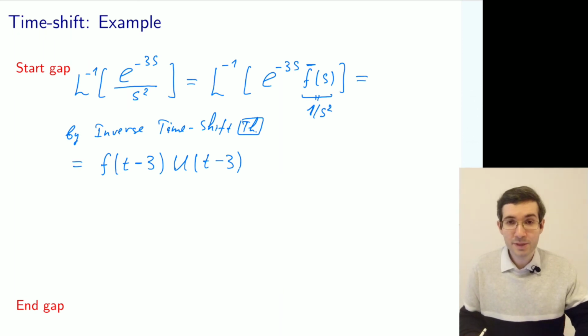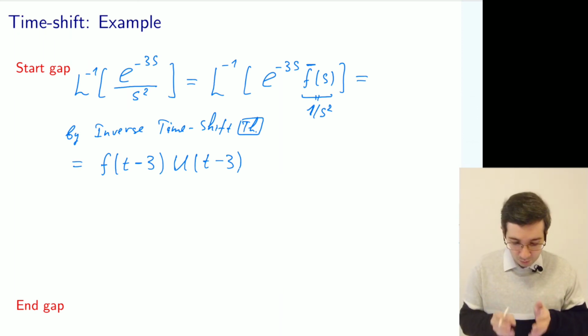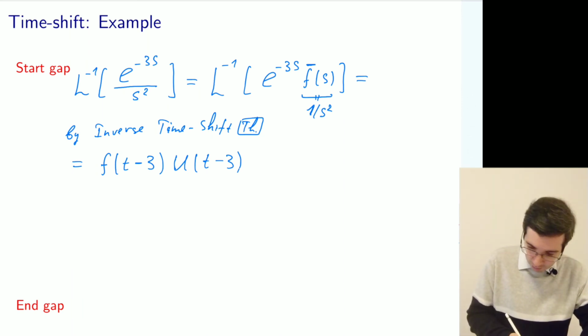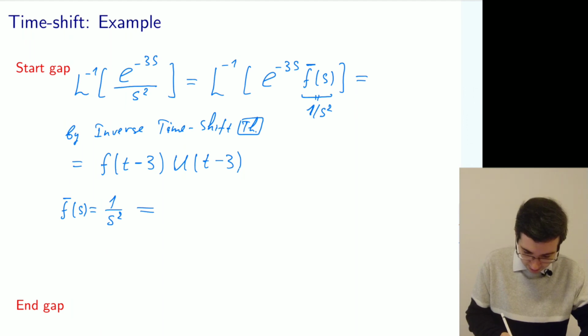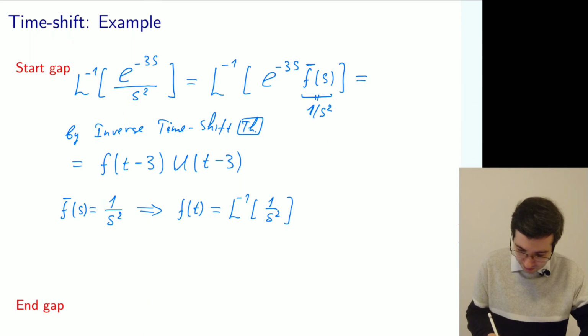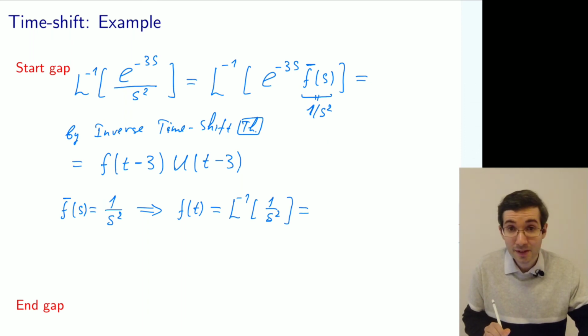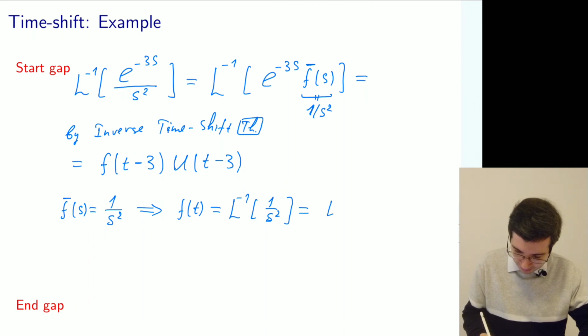So the only remaining bit here is to find out what this function is. And we know that if we have a Laplace transform which is 1 over s squared, then the original function will be what? Yes, that will be just a linear function.